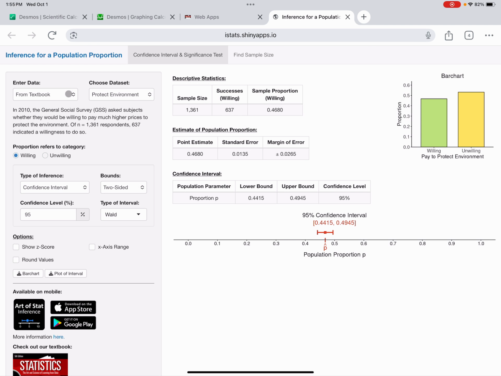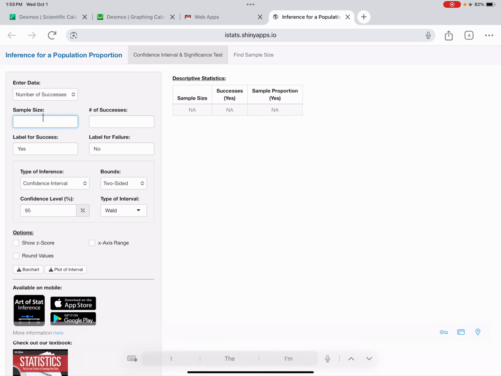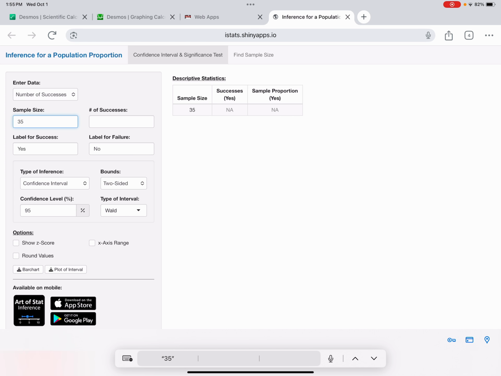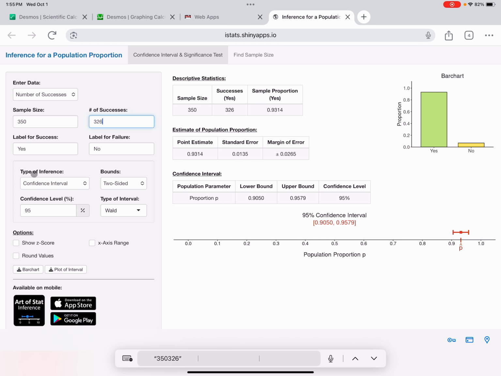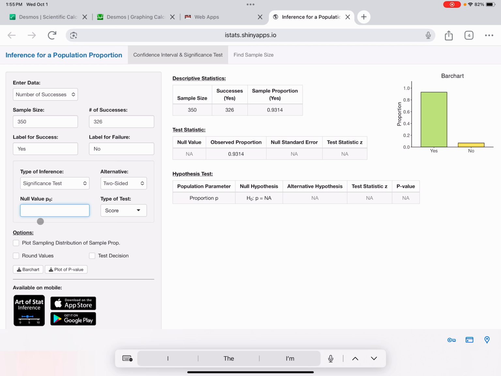And I want to do my own example. We had a sample size of 350, and there were 326 successes. I don't want a confidence interval. I want to run a significance test. The null value, I think it was 96.3?